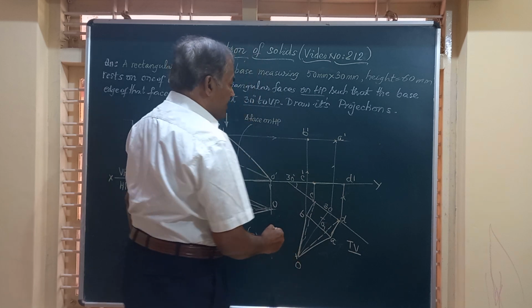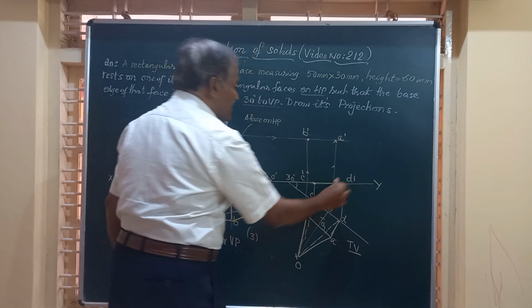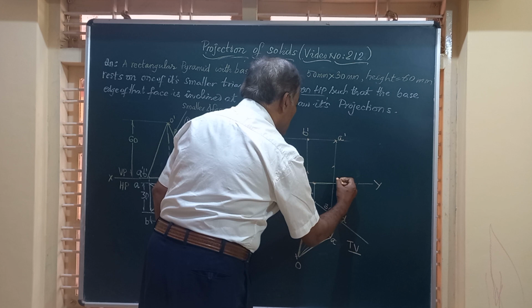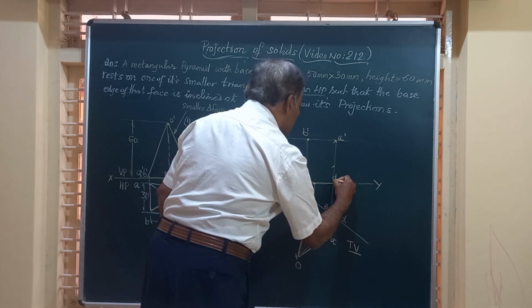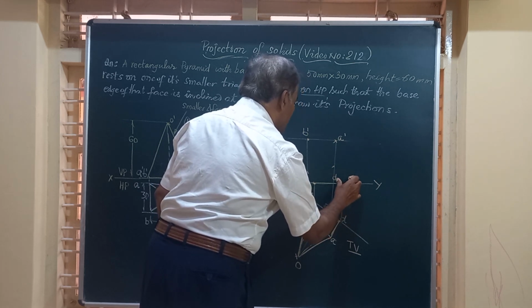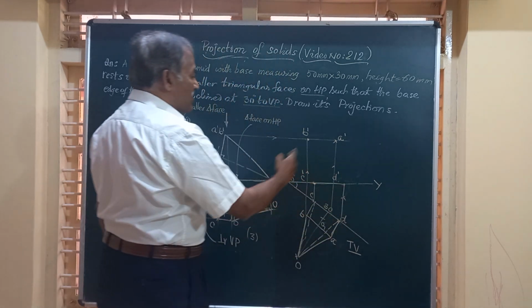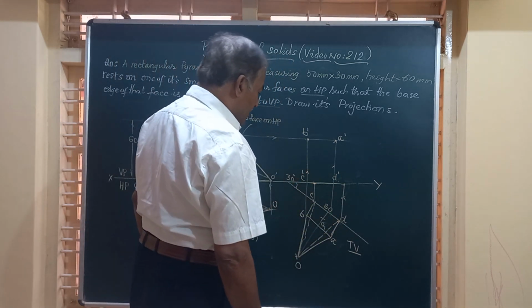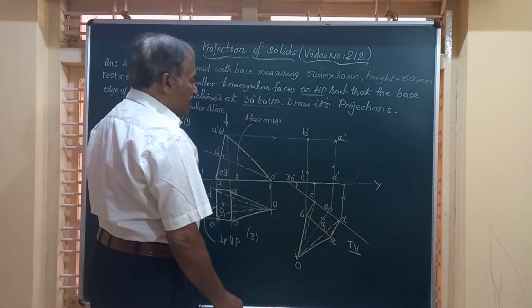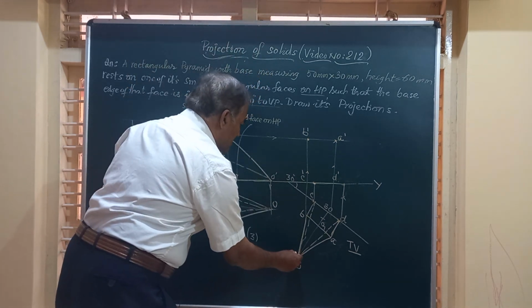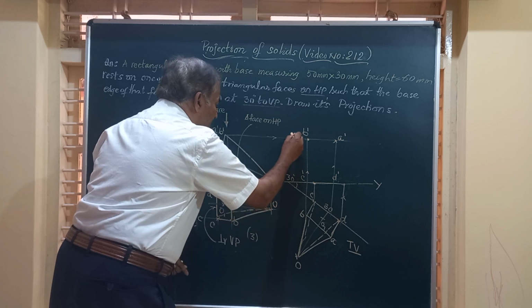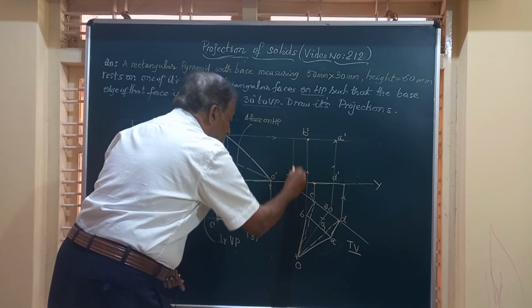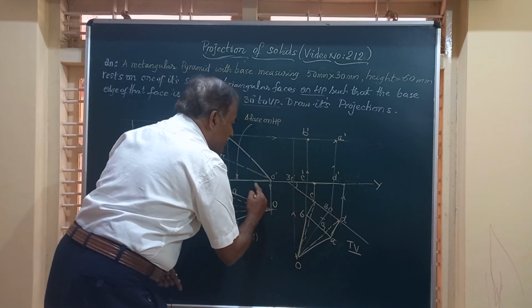So we got 4 points, A dash, B dash, C dash and D dash. And we have to join all these and mark it. Okay friends, 4 corners we have got A, B, C, D. And now finally I have to mark this vertex. Where is the vertex of this? O is here. Draw a vertical line from O, a horizontal line from O dash.